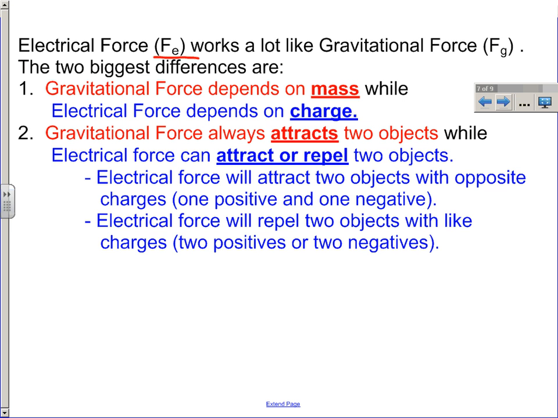The second difference is that gravitational force always attracts two objects, right? If that's the Earth, and this is you, gravity is going to attract you. Electrical force can either attract or repel. It'll attract the two objects if they have opposite charges. So if you've got an object with a positive charge and an object with a negative charge, then the force of electricity will attract them.